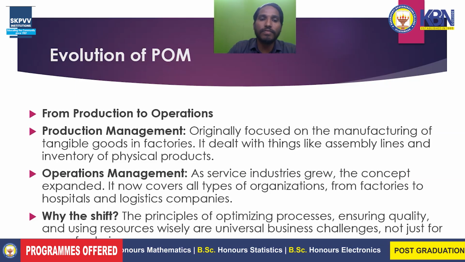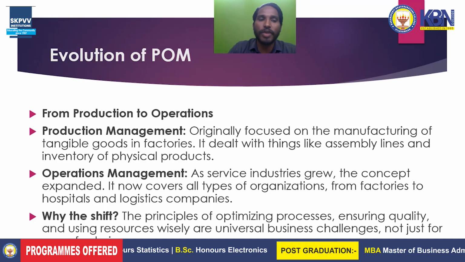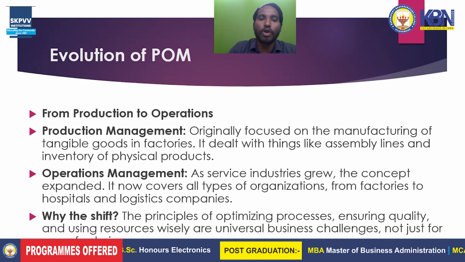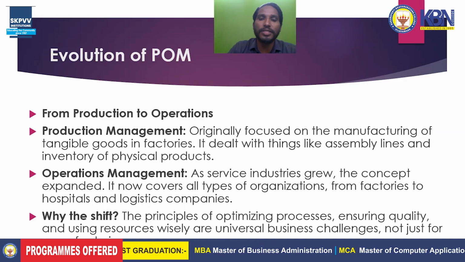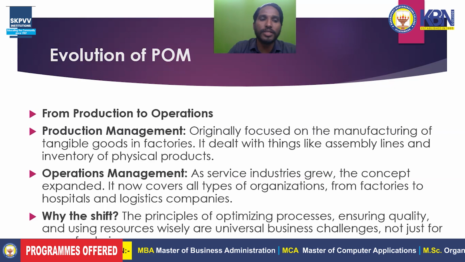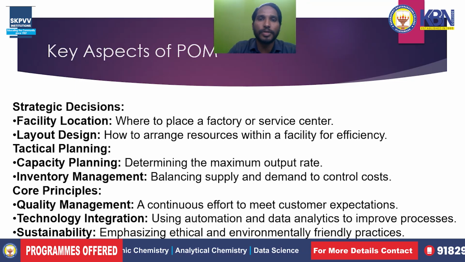It now covers all types of organizations, from factories to hospitals and logistics companies. Why this shift? The principles of optimizing processes, ensuring quality and using resources wisely are universal business challenges, not just for manufacturing.